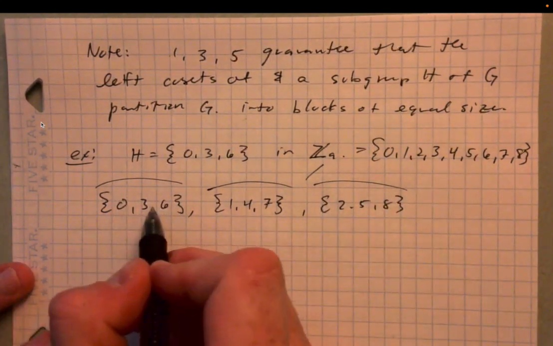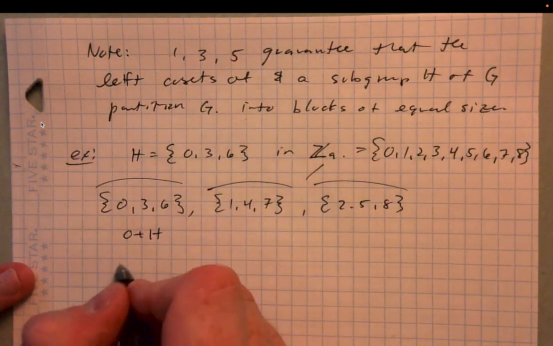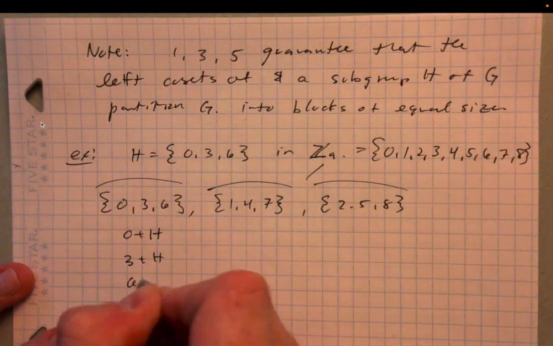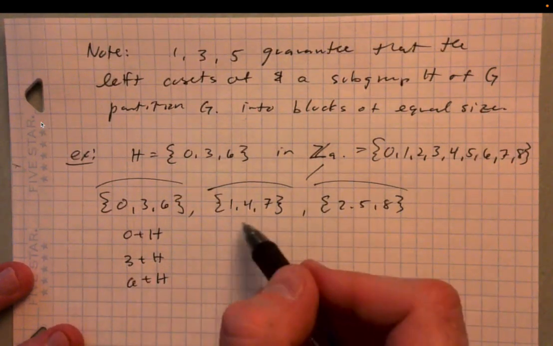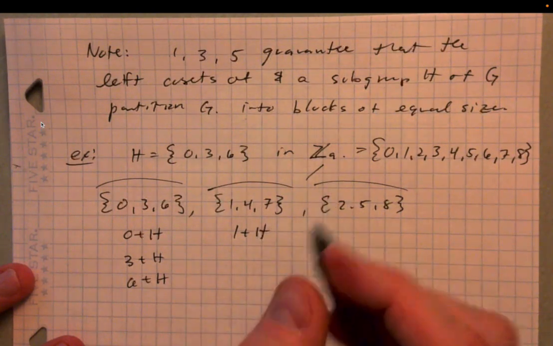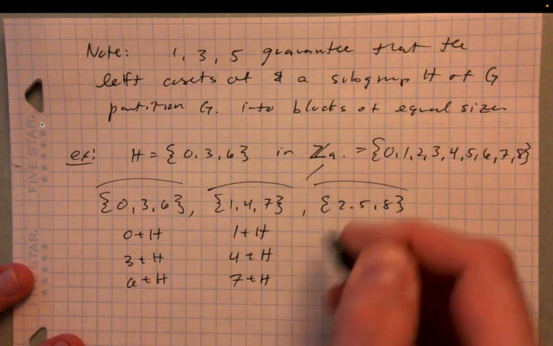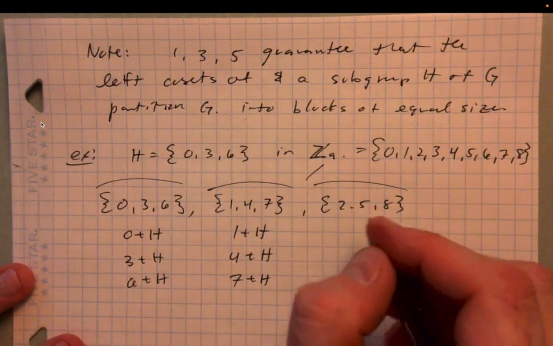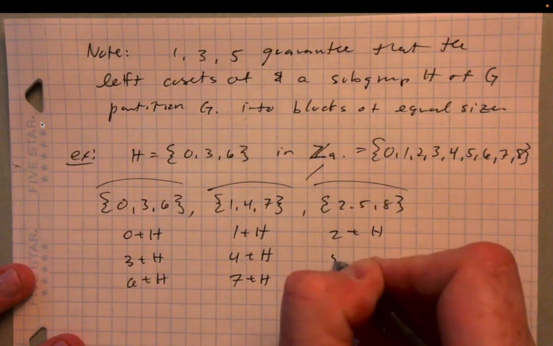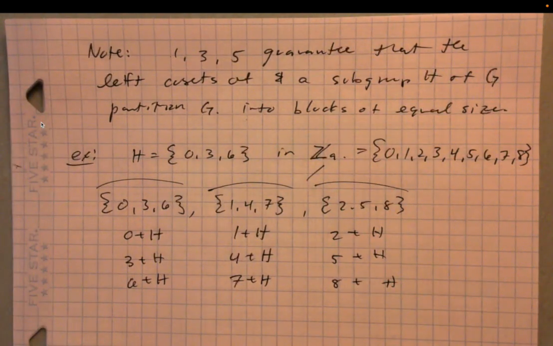So this one here was 0 plus H, and it was 3 plus H and 6 plus H. This coset here was 1 plus H, and it was 4 plus H and 7 plus H as well. And then this one over here was 2, 5, and 8. And so we were able to partition Z9.